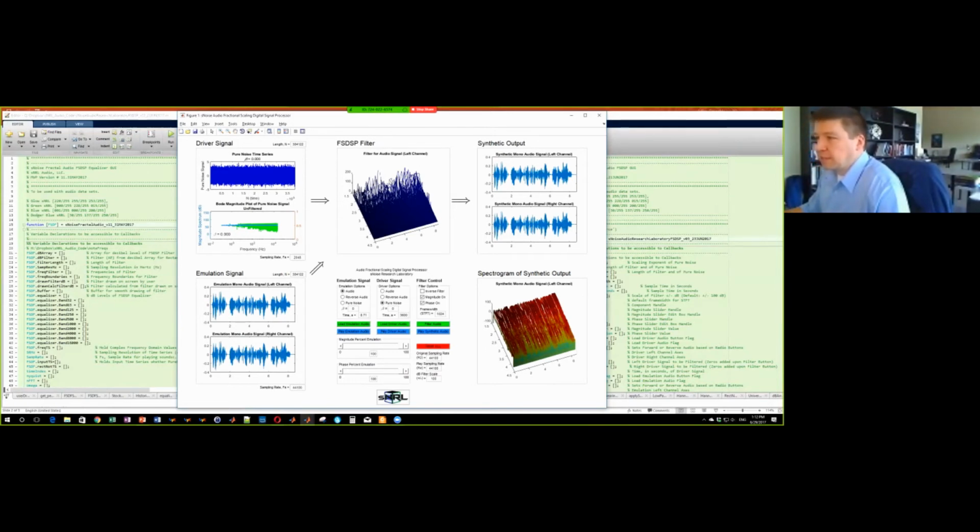Up here is the filter for shaping this white noise into this spectrum. And if we play that, we'll play the synthetic version.